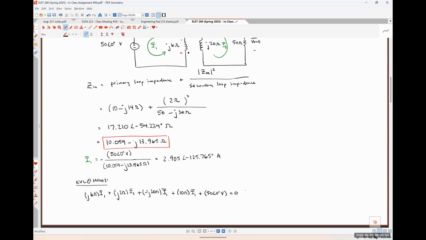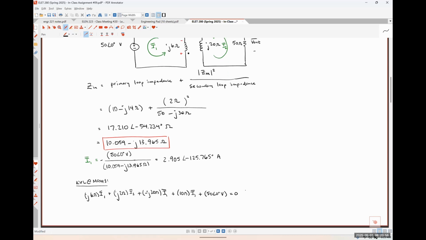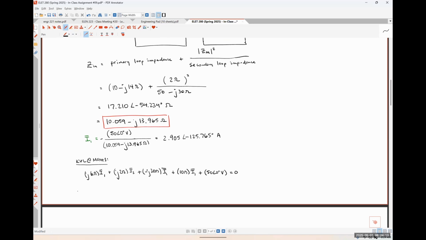Okay, so if we look at this equation that we just wrote for our Kirchhoff's voltage law representation around mesh one, the only thing that we don't know is that quantity I2. So all I'm going to do right now is just algebraically rearrange and solve for that quantity I2, right? So I'm going to say that our mesh current I2 is going to be equal to, so I'm going to move everything over to the other side.